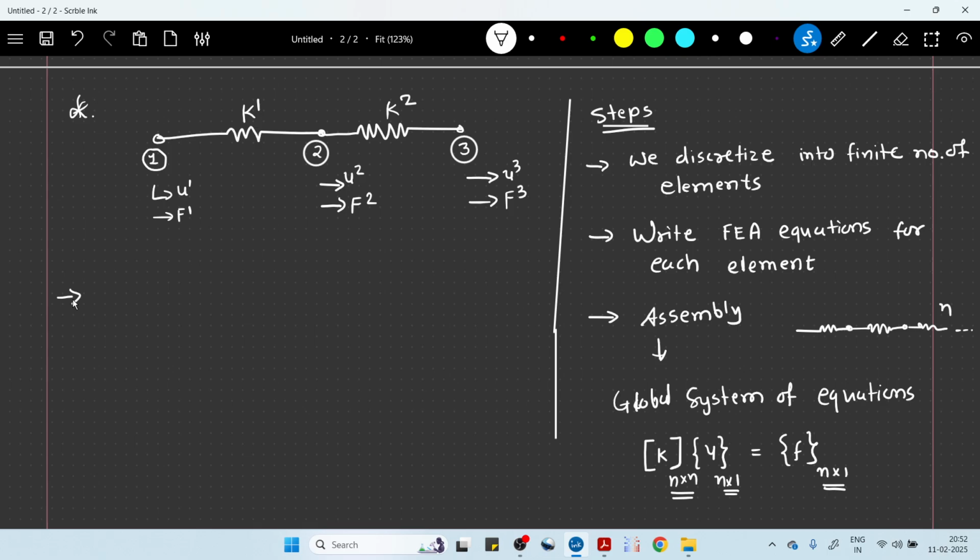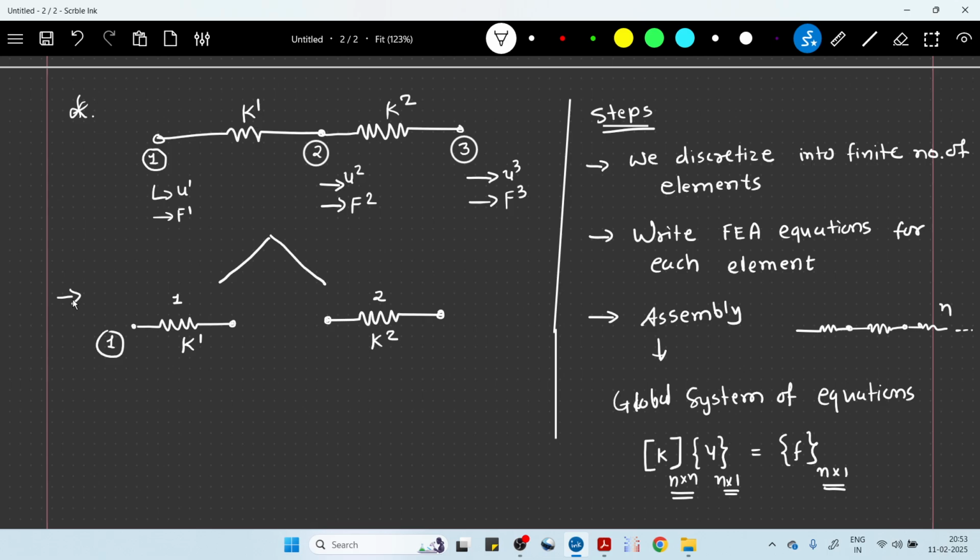Here we can also take a solid mechanics kind of approach. If I have a particular structure consisting of two members and I draw a free body diagram, it will be something like this, right? So here also we are nothing but drawing a free body diagram for element 1 and for element 2, with stiffness k1 and stiffness k2.